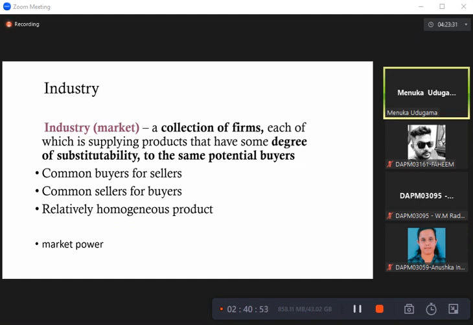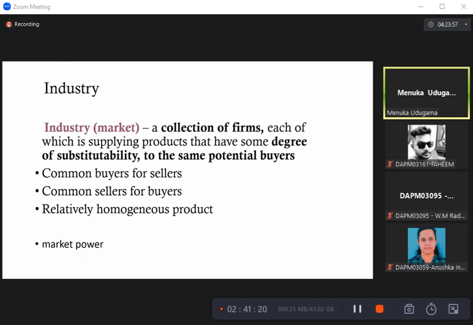There are common buyers, common sellers, and relatively homogeneous products. So let's take an example. Let's take the dairy industry, right? The fresh milk industry. There are large numbers of sellers and buyers. They sell the same product and you buy the same product, of course. So therefore, the products are relatively homogeneous.